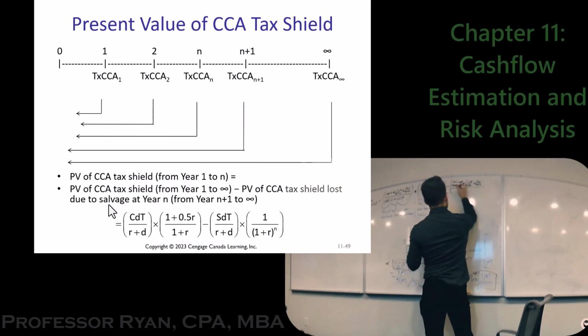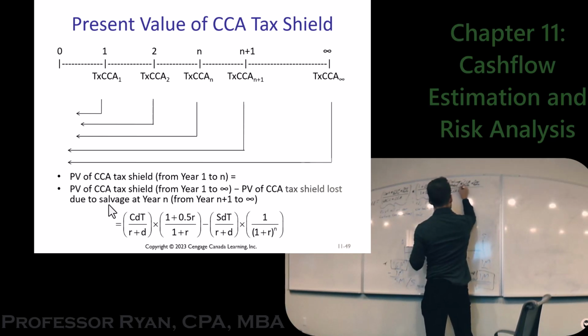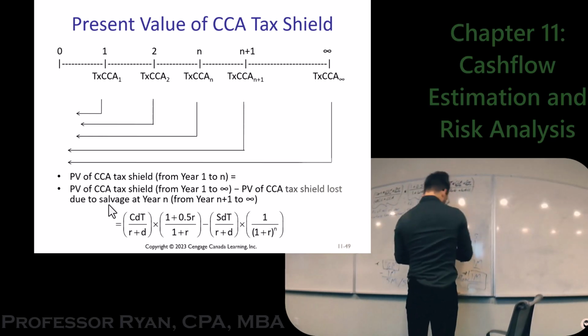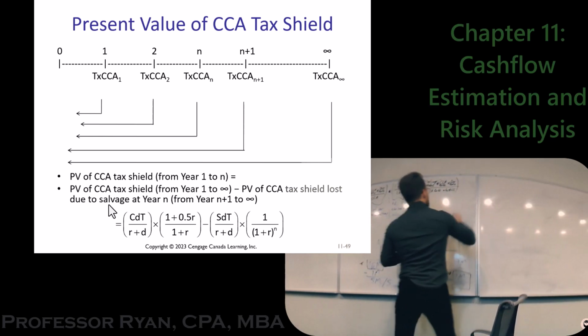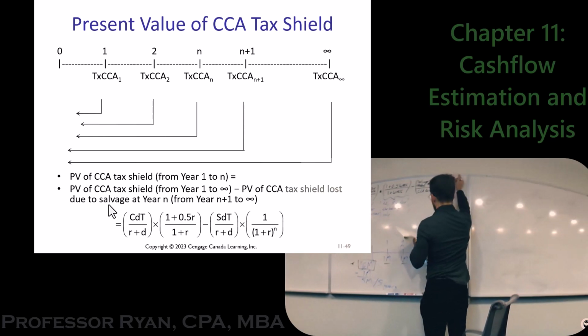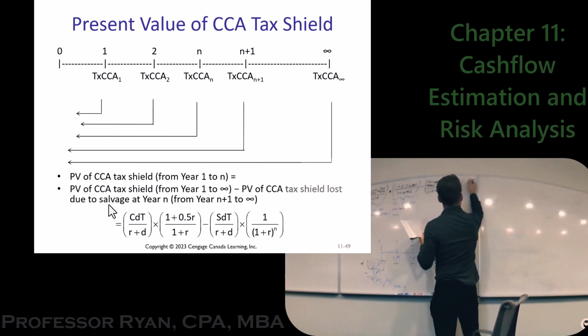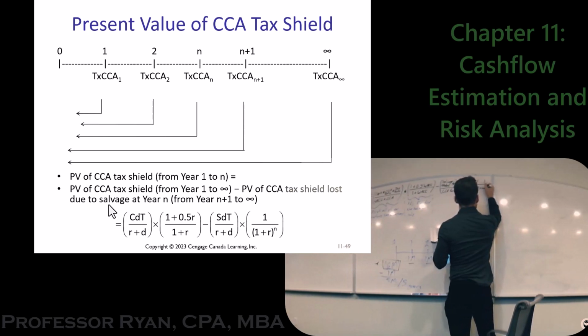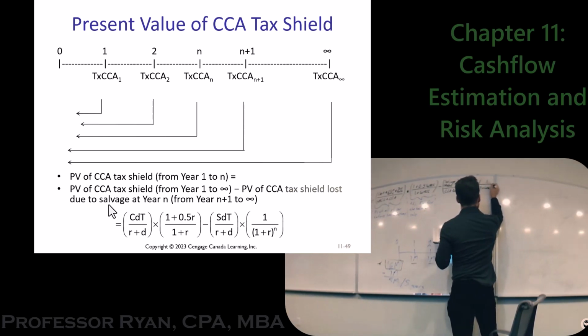And we divide that piece by the CCA rate plus our weighted average cost of capital. Okay, and then we take that and we multiply it. This will be very small, but it's just 1 divided by 1 plus the weighted average cost of capital to the power of n.